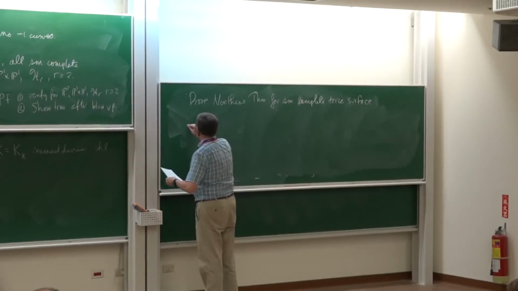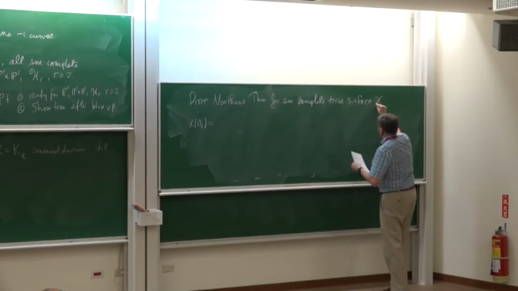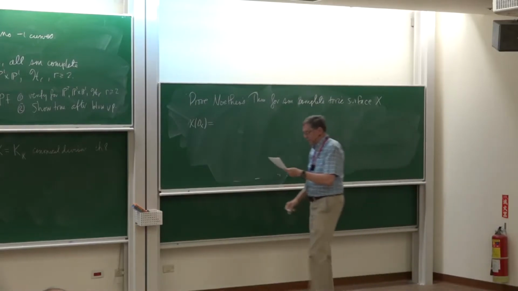And so, of course, the first one is this. I'll just call X my smooth toric surface.